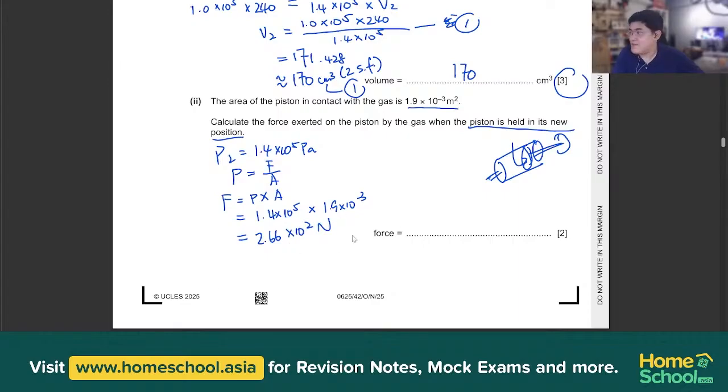Rounding up this time around because 6 is greater than 5, so you get 2.7 times 10 to the power of 2 newtons, or we can write it as 270 newtons. So let's write 270 newtons down here.